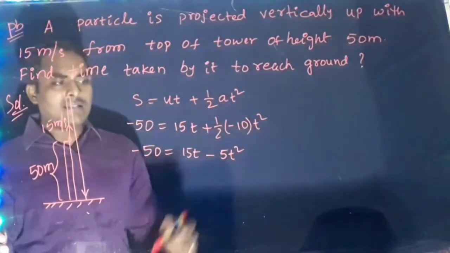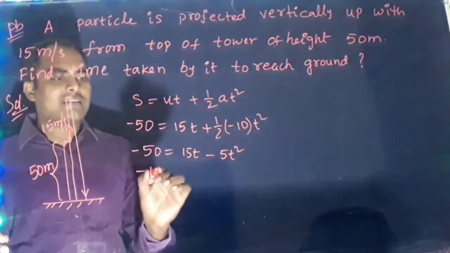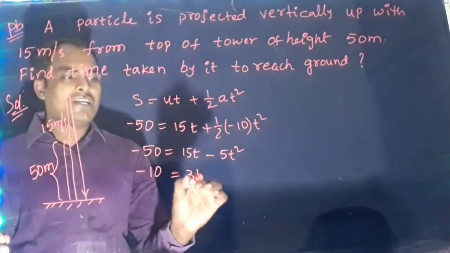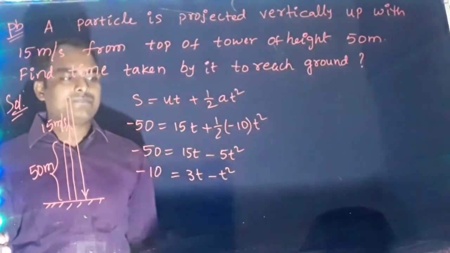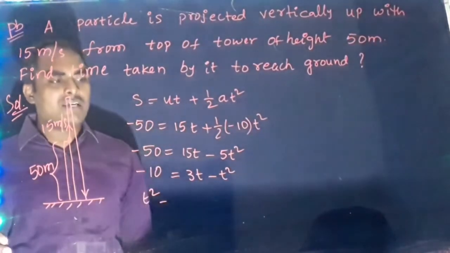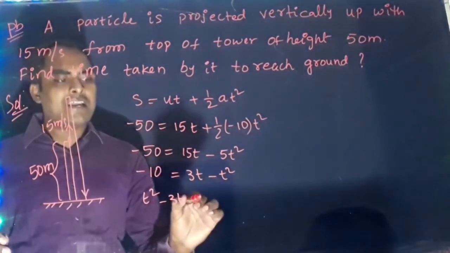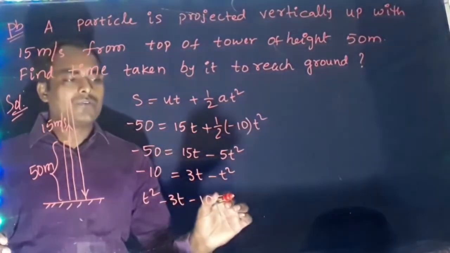Let us cancel 5 on both the sides, then it becomes minus 10 equal to 3t minus t square. So everything comes to left side, then the equation becomes t square minus 3t minus 10 equal to 0.